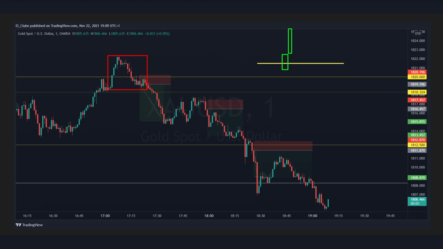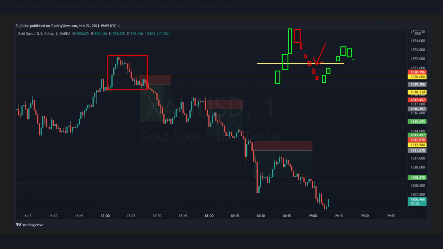Then you see some strong rejection. You don't really want to have the confirmation. You don't really want to enter sells immediately because there's a high chance that the price will continue after this bullish move, will continue at this area and then retest and then continuation.